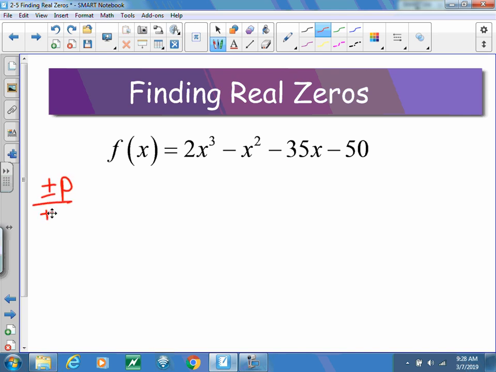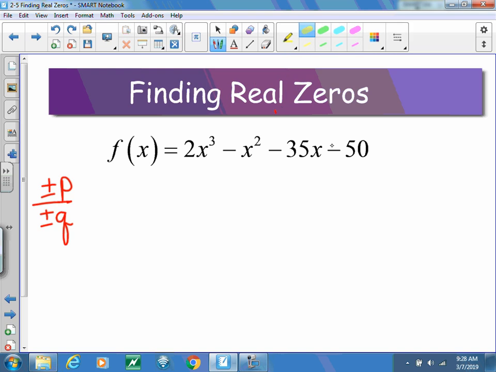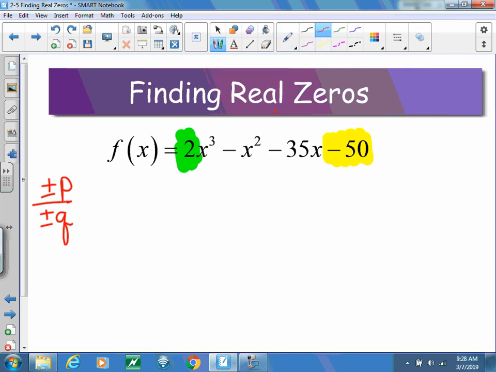All right, so I'm going to start with my possible solutions. So my P's over my Q's. I need to look at the two parts to this. We need to look at your constant term as well as your leading coefficient. Your constant term right there of 50, those are your possible P's, and your Q's are the factors of the 2.